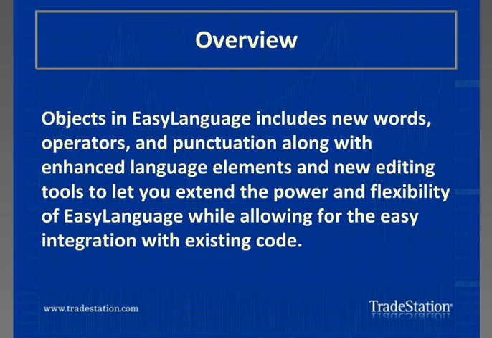The great thing is that your existing EasyLanguage code, what I call core EasyLanguage, is unaffected by EasyLanguage objects. Objects simply enhances the functionality of EasyLanguage, giving you better access to data, better access to real-time events, and an incredible array of new features and functionality that you can tap into to create incredibly powerful indicators and tools that you could never create before in EasyLanguage.